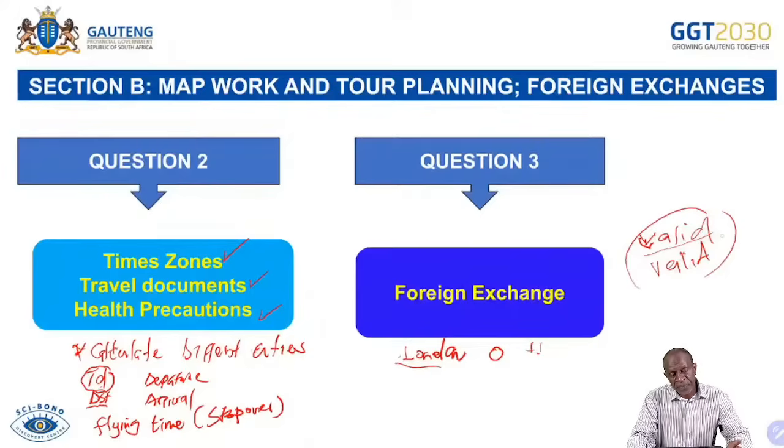It could be a visa that allows you to study in a foreign country, which would be an educational visa, and there is a work visa that allows you to work in a foreign country. All those different visas, you need to know them.